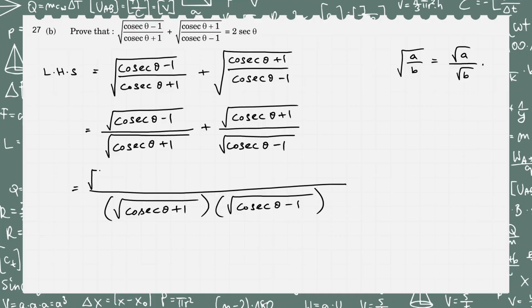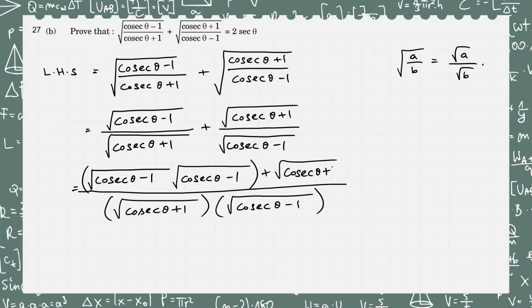So that means the numerator of the first fraction is cosecant theta minus 1, and the non-available factor for that denominator is cosecant theta minus 1 in a root. That is what we have to multiply this numerator with. So this is a product here separately. And for the next thing, root of cosecant theta plus 1 is the numerator, and the missing factor is also the same, root of cosecant theta plus 1, right? So let us write it.